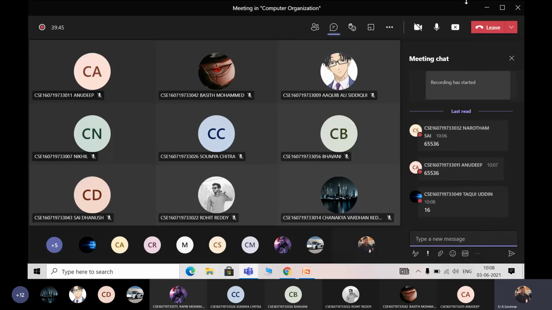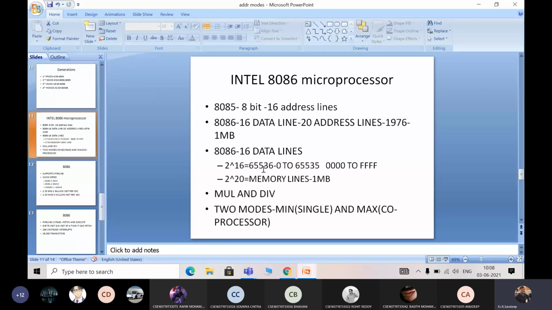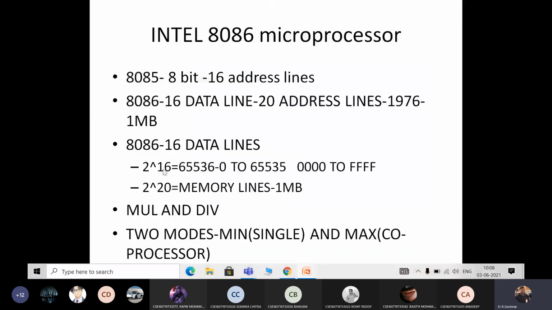16 data lines. So 16 data lines means 2 power 16, and the value is 65536. So for the 8086 microprocessor, the range is 0 to 65535.